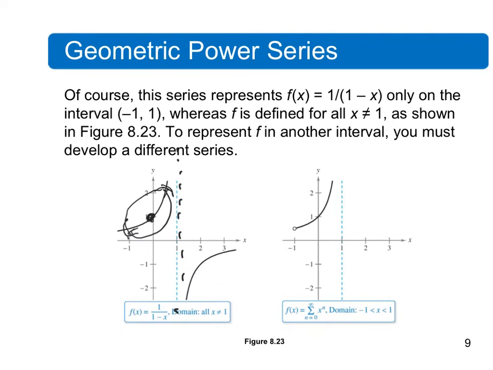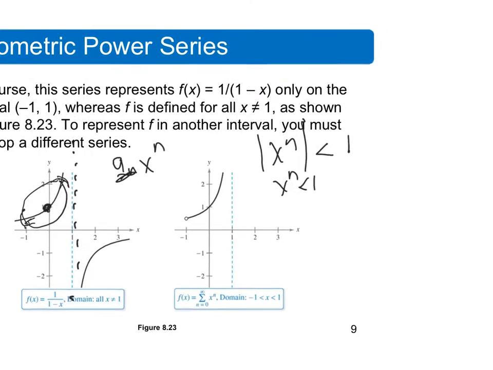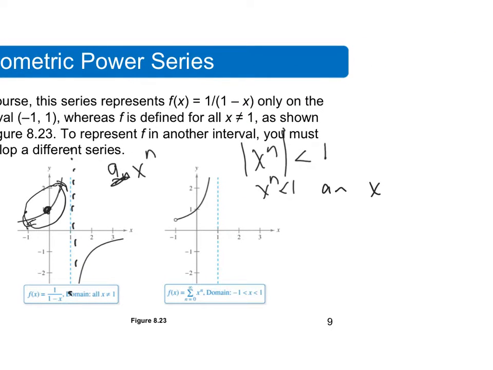If you did your radius of convergence, that's easy to do. Let's see, we had a sub n x to the n. That's just a constant. So the series is convergent when it's less than 1. That means x to the n is less than 1, and x to the n is greater than negative 1. Take the nth root of both sides.